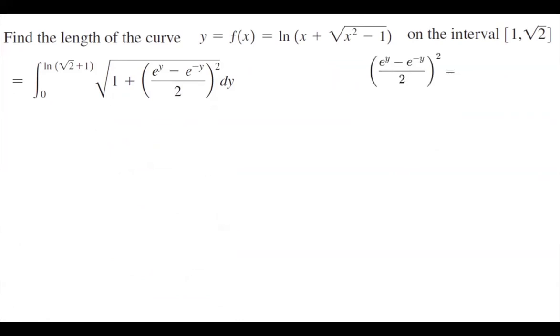But remember that ((e to power y minus e to power negative y) divided by 2) raised to the second power, doing a little bit of algebra, is taking the numerator, square it, taking the denominator, 2 to the second, which is 4, and it becomes, since the numerator is e to power 2y minus 2 e to power y times e to power negative y, which is 1, plus e to power negative 2y.